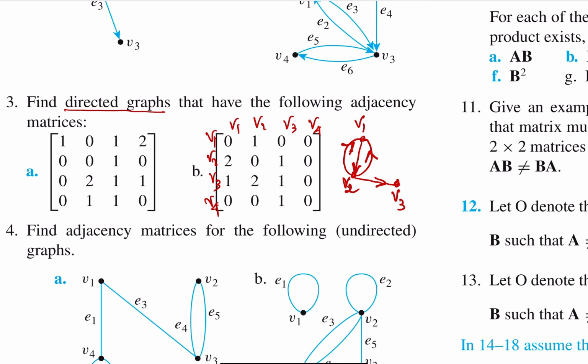V3, V1, we have only 1. You go in that direction. Now V3, V2. Careful here. V3, V2, we have 2.